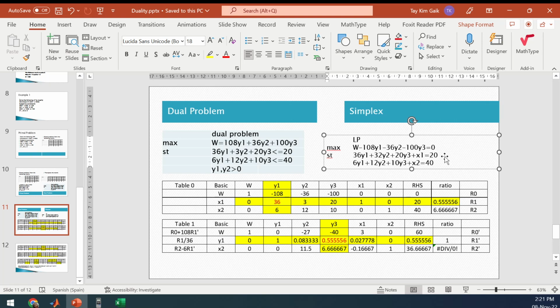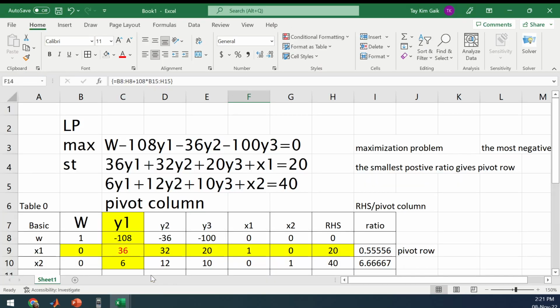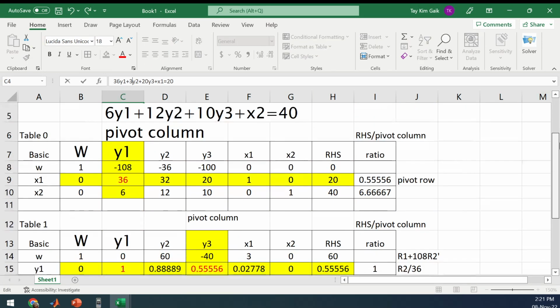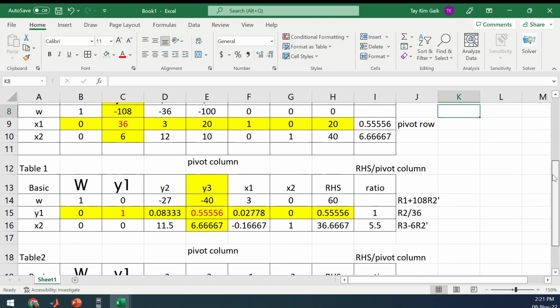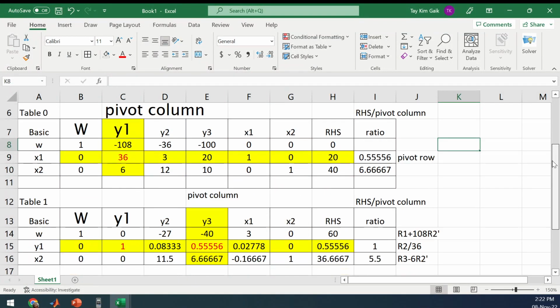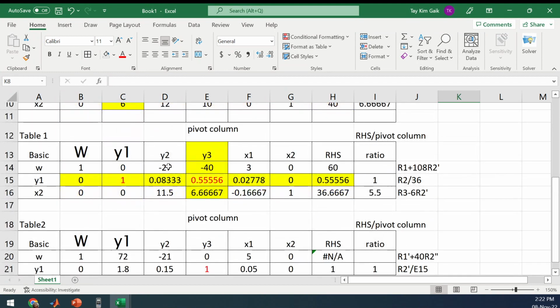This is 3y2. So that's why this is 3. Because just now this is 3. I get it. Negative 27.